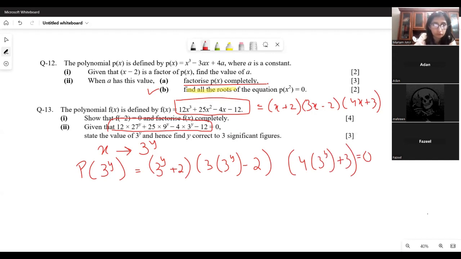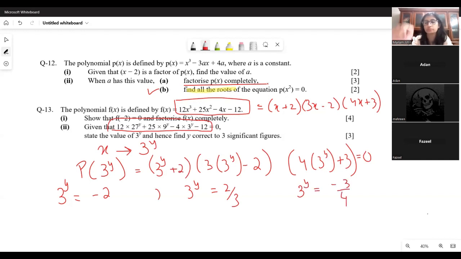Now this is the factorized form. That means all 3 individual brackets can be equated to 0. The first one gives us 3 power y equals minus 2. The second one gives us 3 power y equals 2 upon 3. And the last one gives us 3 power y equals minus 3 upon 4.